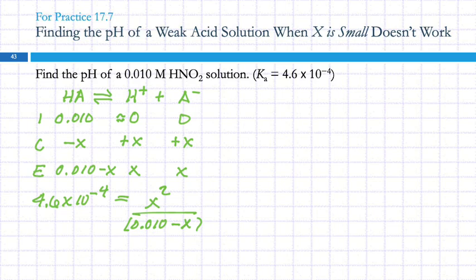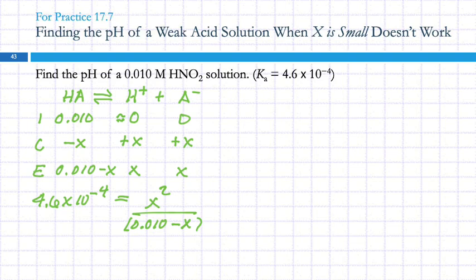So let's use the solver, since the question told us, right, that the X is small isn't going to work. So I'm going to plug in X squared, and in the denominator, 0.01 minus X. And over on the right side, 4.6 times 10 to the minus 4.